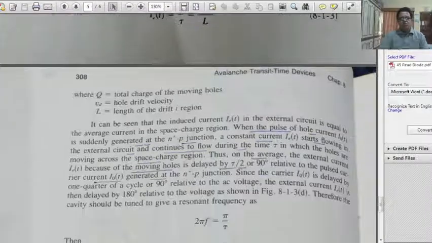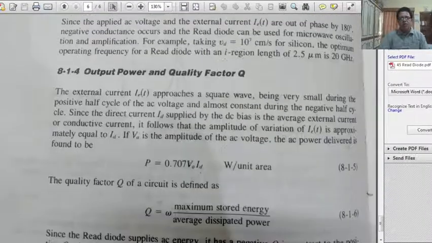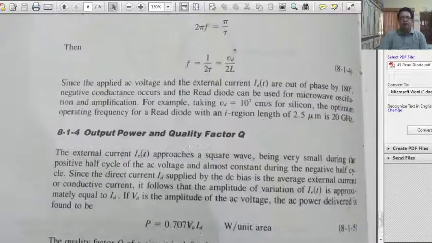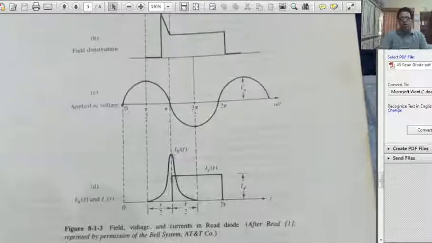What are its mathematical expressions and how can we understand them, and at last output power and quality factor for the Read diode. Thanks to all of you.